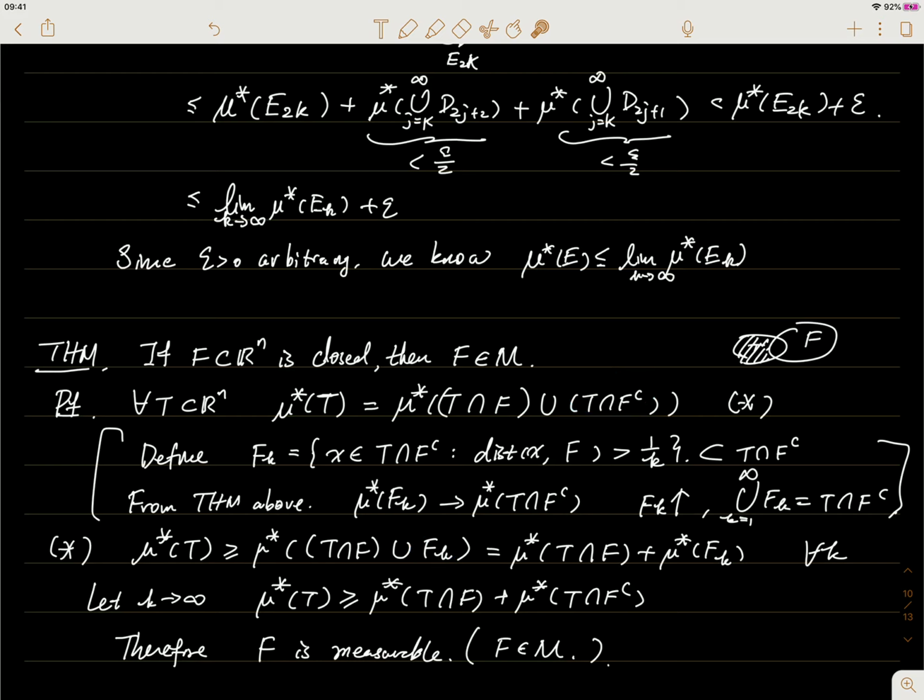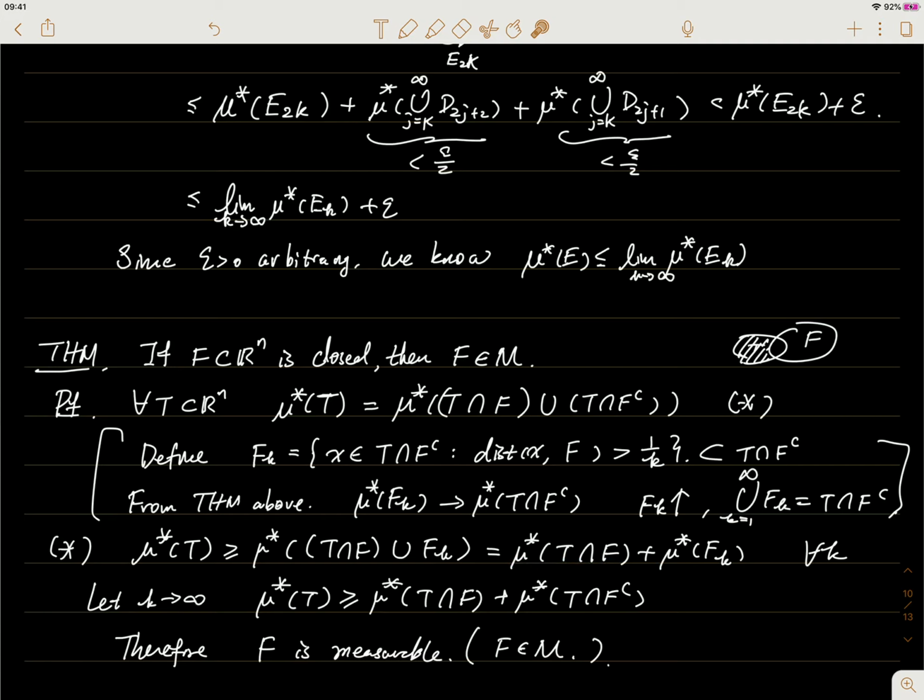Moreover, F_k, as we said, is defined as the points with positive distance to F. The intersection of T and F is a subset of F, and the points in F_k have a positive distance from that. So the distance between these two sets is also positive. That's why we can split their outer measures: the outer measure of their union splits into these two parts.